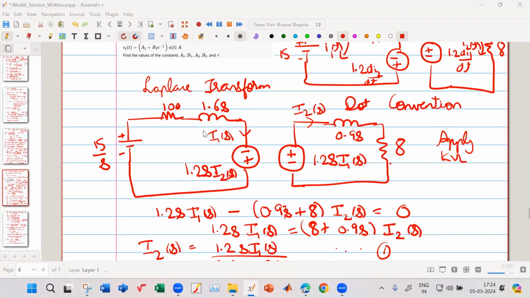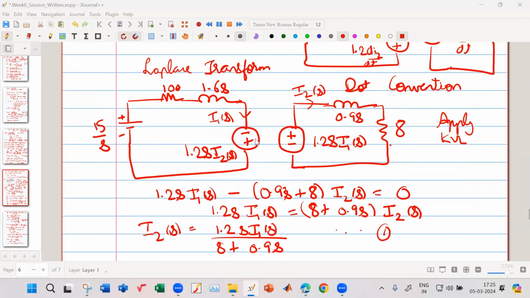So we found I1 of S. Then, sir, how do we find I2 of S now? Can anyone tell how we will find I2 of S now?